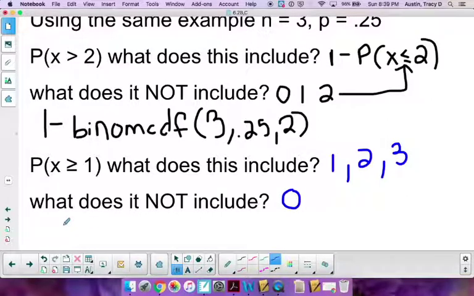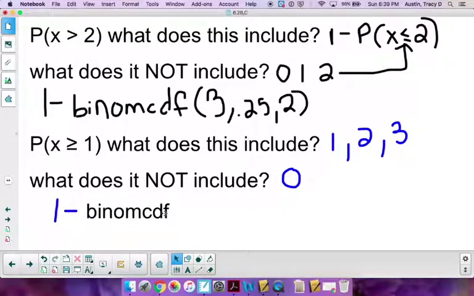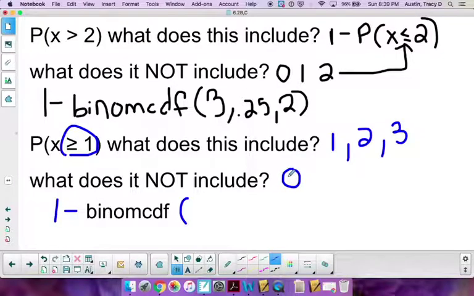But since we're trying to see how this works with the CDF, it is going to be 1 minus, I'm going to type this, binom CDF. Trying to write that is fun. So what am I going to put in that I'm trying to get rid of from my set? If I want everything from 1 and above, I'm taking off whatever's below it.